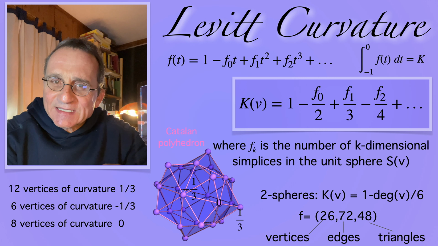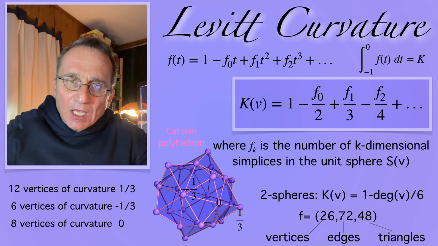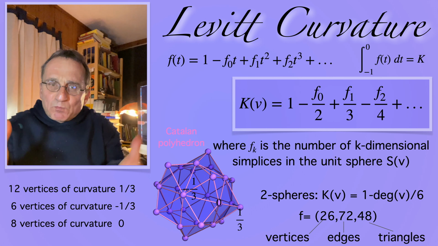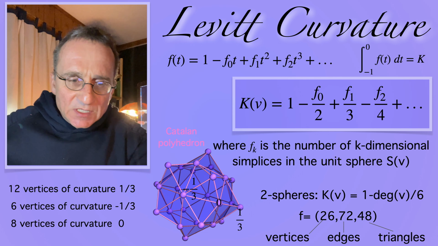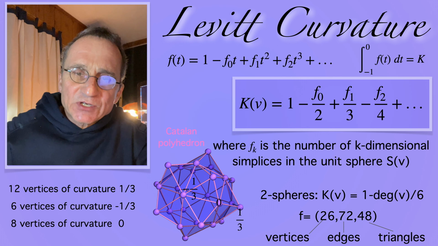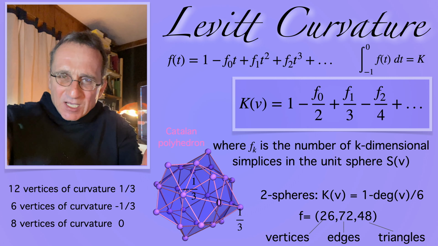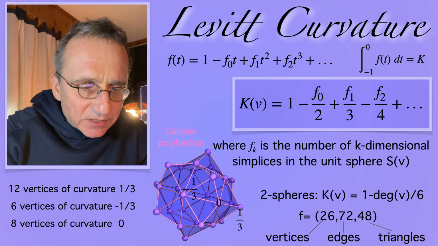This is also something very old, 100 years old at least, in the context of graph coloring. When you look at polyhedra which are triangulated, these are actually planar graphs. There, the curvature is just 1 minus the degree of the vertex divided by 6. So if every unit circle is a cyclic graph, that's a very special case.